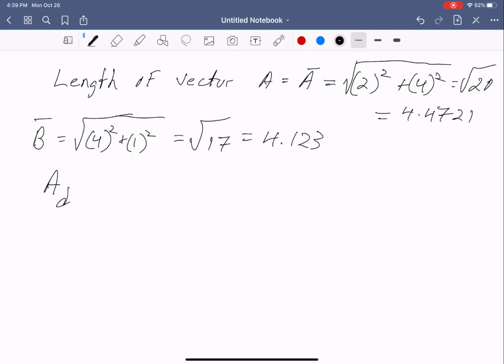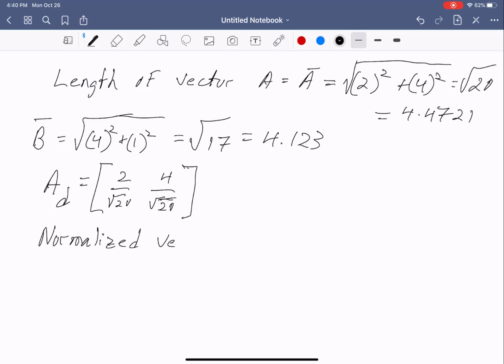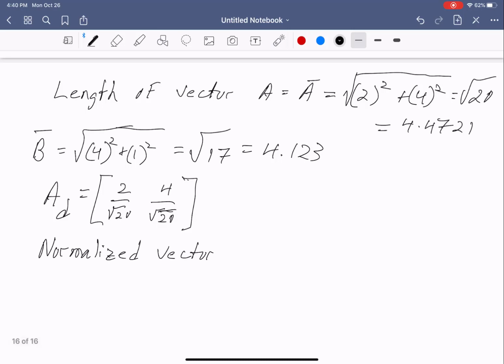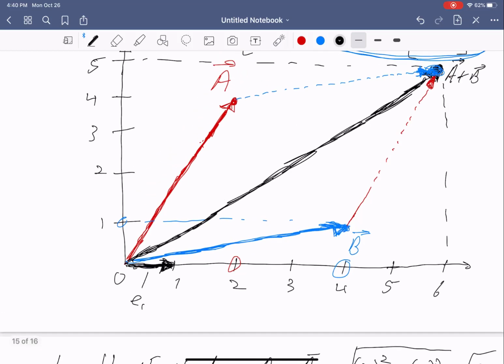Okay? So the direction of A is equal to 2 over square root 20 and 4 over square root 20. Okay, so this is not the length of the vector. This is, if you like, the normalized vector. So think of it as this E1 vector, because E1 looks like this.